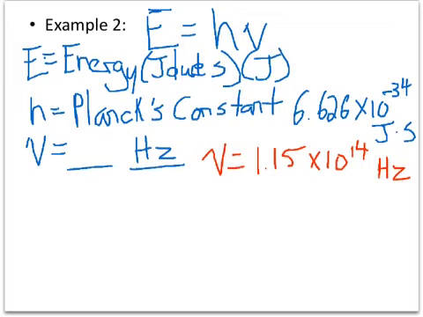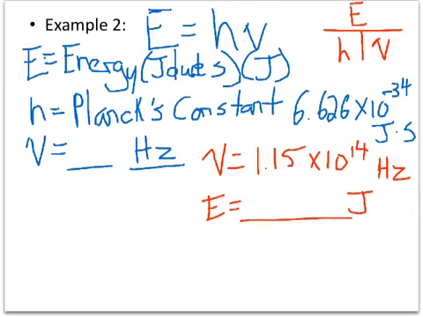So I know energy is equal to hv. I want to find my energy, in joules, so I need to solve for E, so I do h times my frequency.